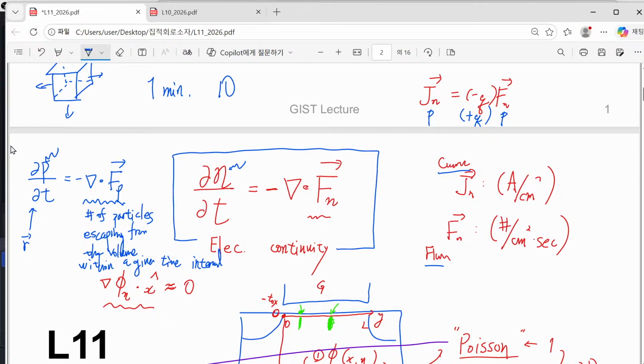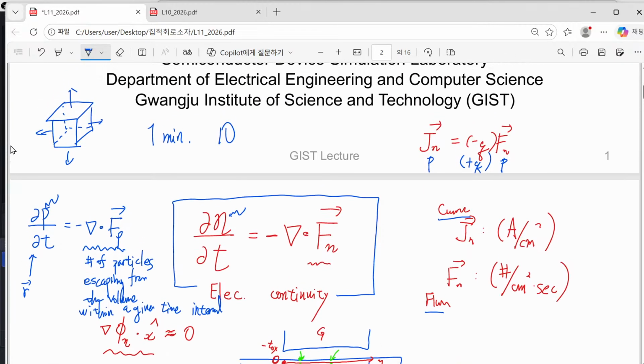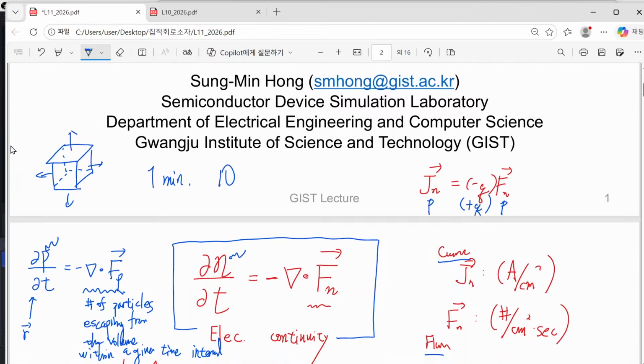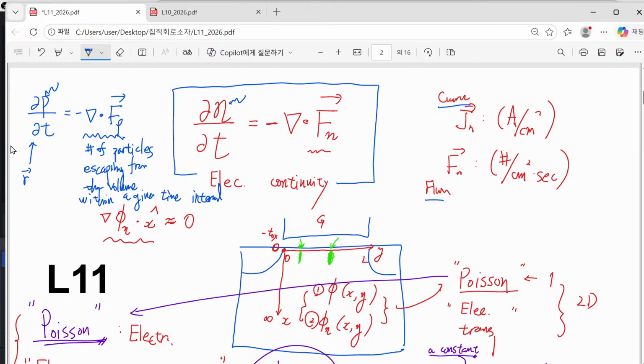Therefore, we can also consider the population continuity equation, or all kinds of different continuity equations can be made. But in this case, we are mainly concerned with the electron continuity equation because our interest is electron transport, not population variation in South Korea or worldwide.